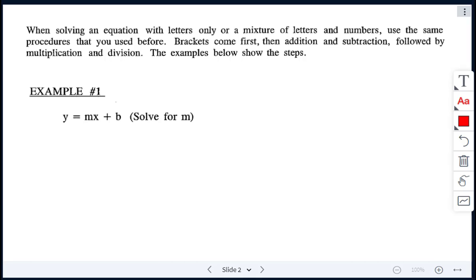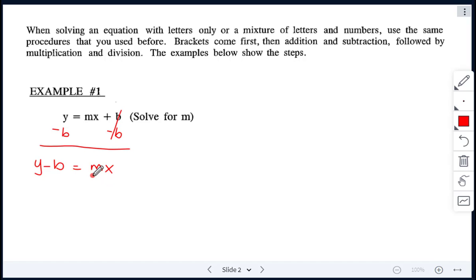All right, so we are trying to isolate the m, and that basically means we want m by itself on one side of the equation. So let's subtract the b over here. That will leave us with y minus b on the left side equal to mx. Here, mx means m multiplied by x. So we are going to do the opposite of multiplication, which is division, to isolate m.